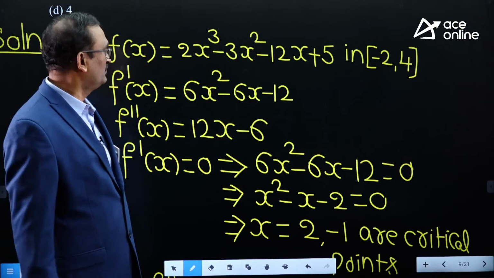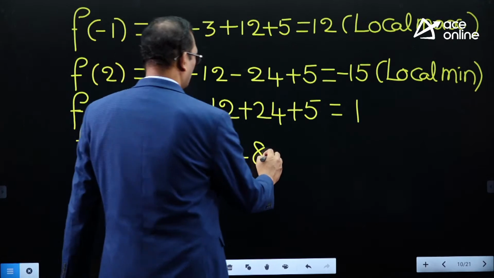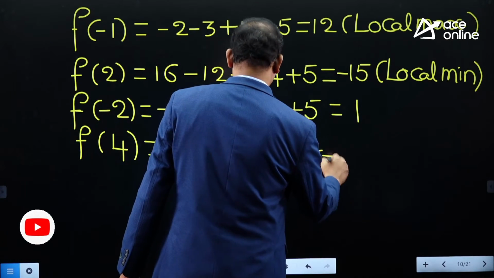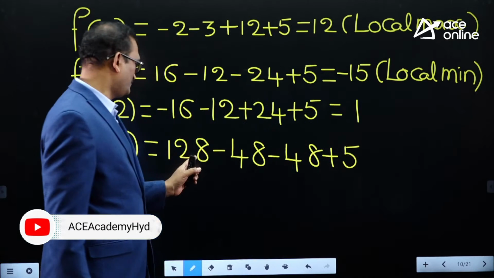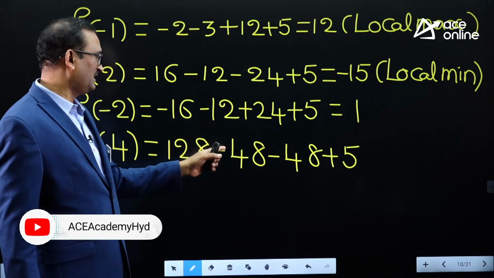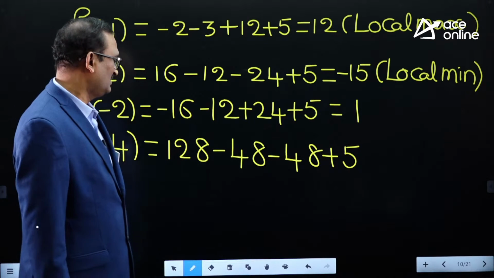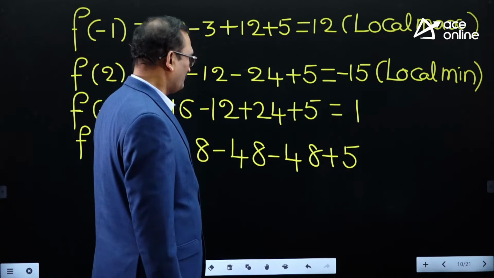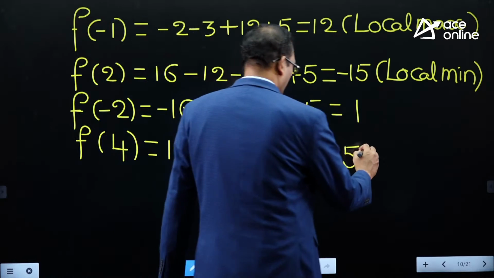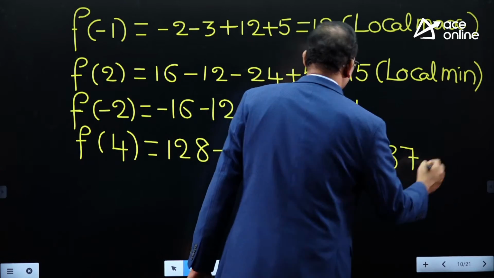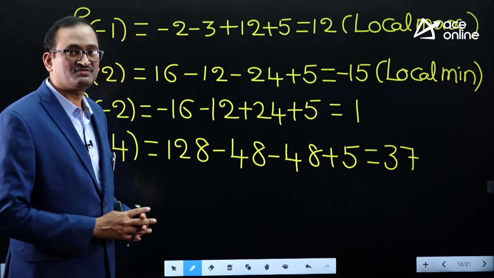Minus 12 into 4, minus 48, plus 5. Now you observe 128 minus 48 is 80, then 80 minus 48 is 32. 32 plus 5 is 37.